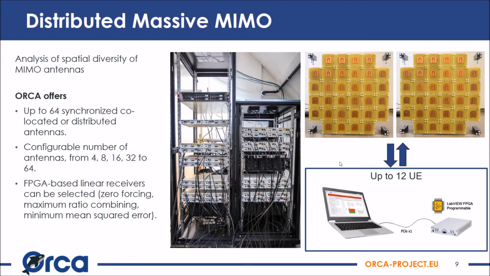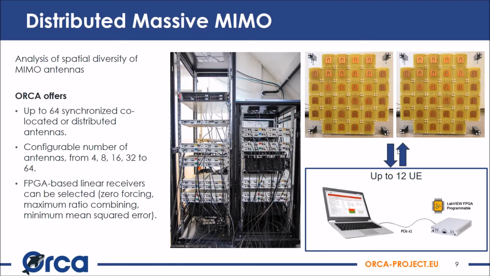So the two distributed arrays will generate a spatial diversity of the antennas and can be used to multiplex multiple transmissions concurrently. The distributed MIMO can greatly improve the performance of the system. In this testbed, the LTE is offered to operate in the TDD mode, and it has a reciprocity calibration to estimate all the channels and power control.